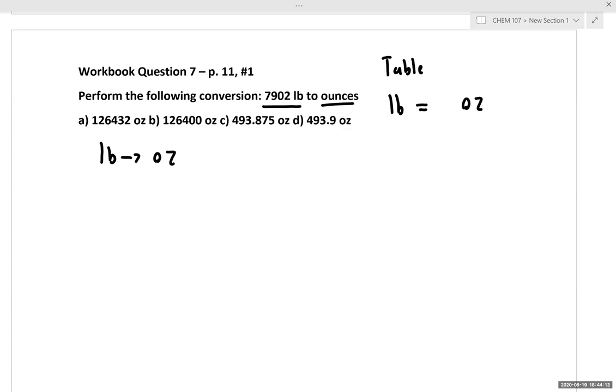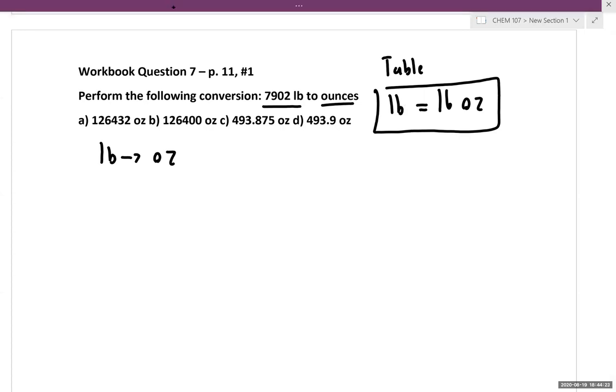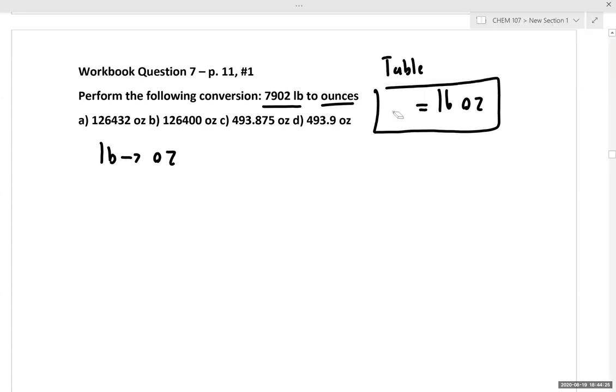As I see in the chat, 1 pound is equal to 16 ounces. This is from the table, so you don't have to worry. I'm going to write pound in red. So 1 pound is equal to 16 ounces, and you don't have to memorize that. That's just reading from the table.